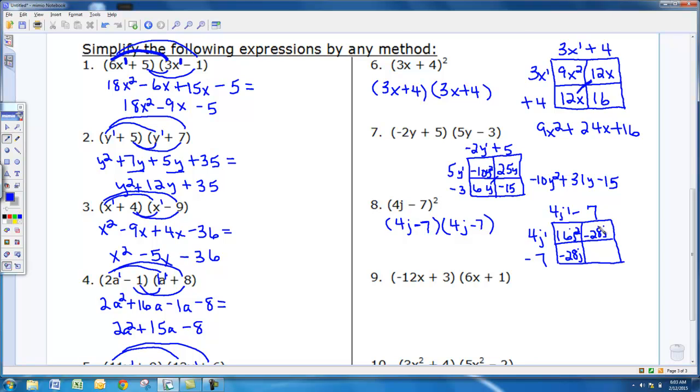Negative 7 times negative 7 is positive 49. Combine like terms gives us negative 56j. Bring down 16j squared and positive 49.